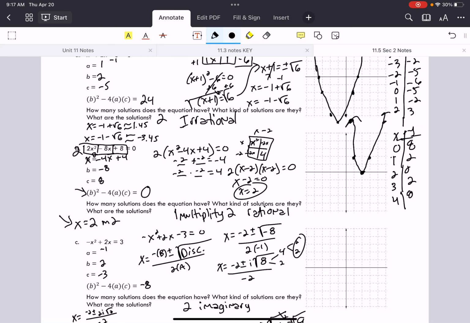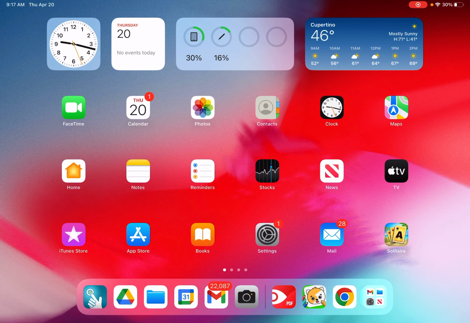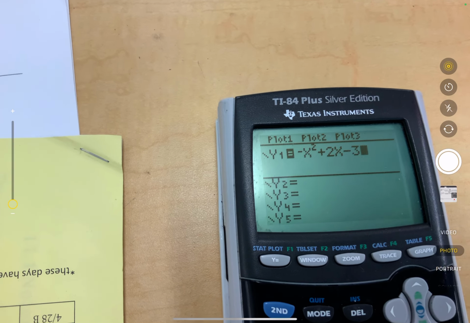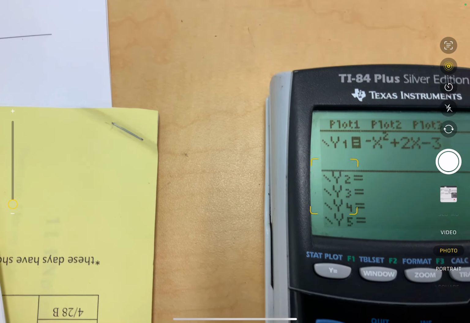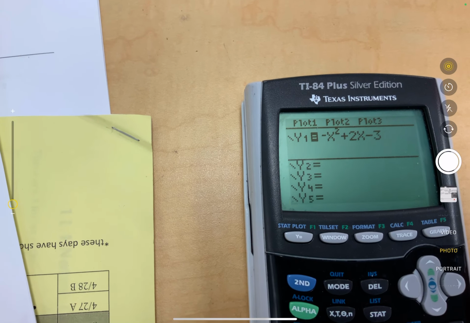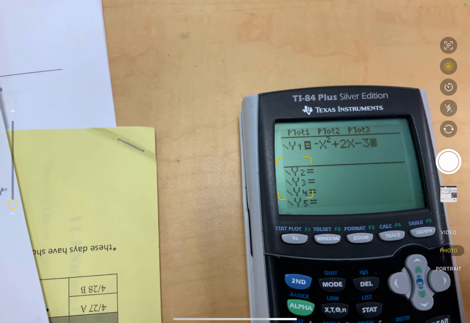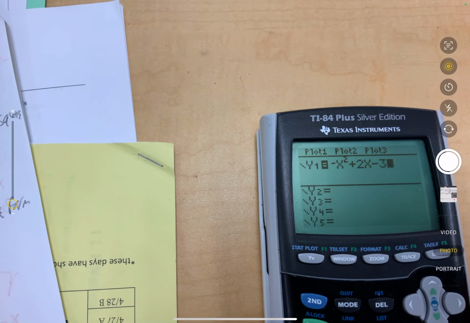Okay, let's do another one. So put the one that equals 0 in, not the original, for C. Are you guys so excited to press graph?